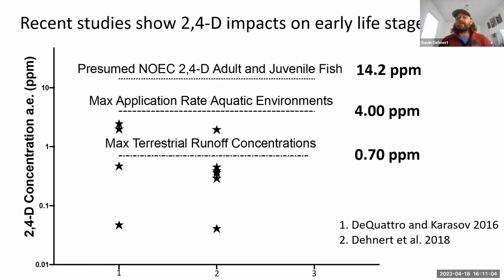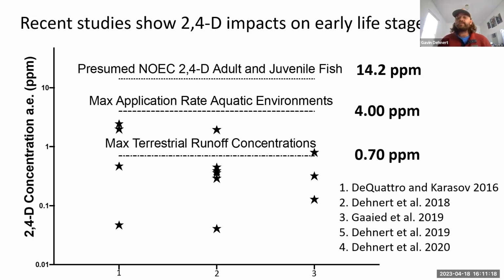We found very similar impacts, that these early life stages were being impacted, survival was being impacted at concentrations as low as 0.05 parts per million. Further, as we went along, we did this for more species.